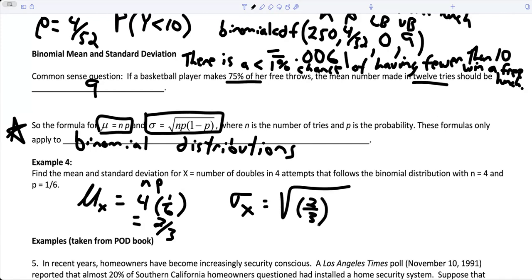By that, I mean the mean times the probability of failure, which in this case would be 5/6. So 2/3 times 5/6, and then the square root. And that would give me 0.745.